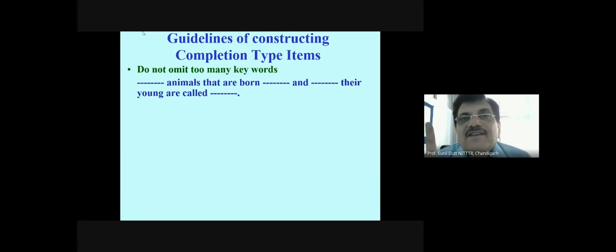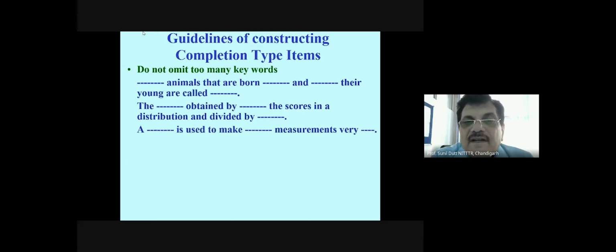Now the student is confused. He won't be able to complete this sentence. So we can say, warm blooded animals that are born alive and suckle their young are called dash. So the answer is mammals.